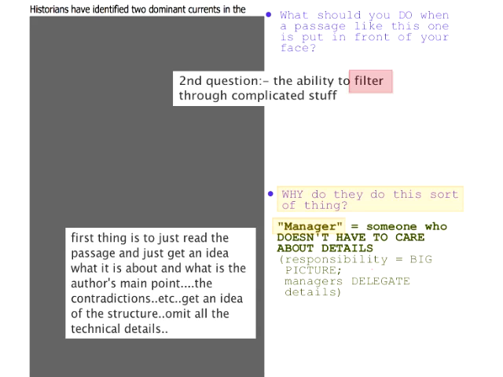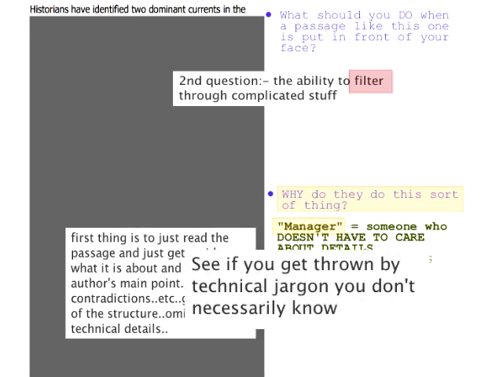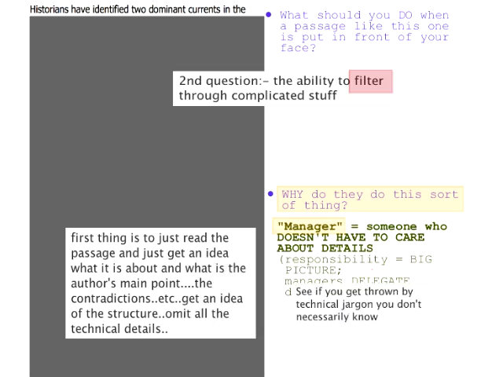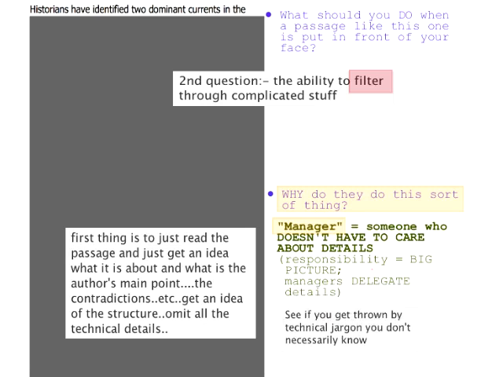So they want to make sure that you can get an idea of what it is about without the technical stuff. And I kind of like this comment as well, because it's not even just a matter of skipping over stuff, although that's important too.